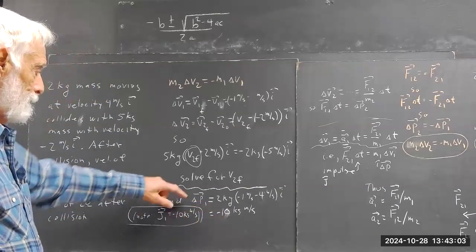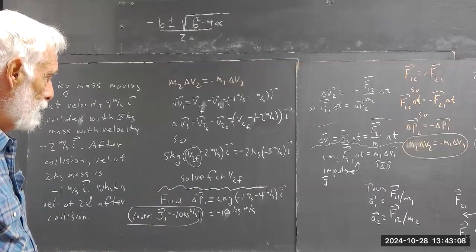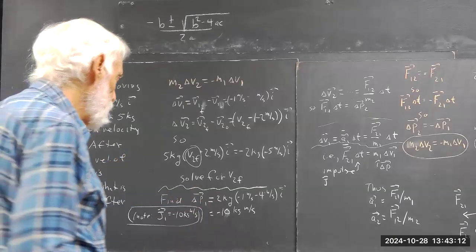Okay. Delta P1 is the impulse acting on the 2 kilogram mass.